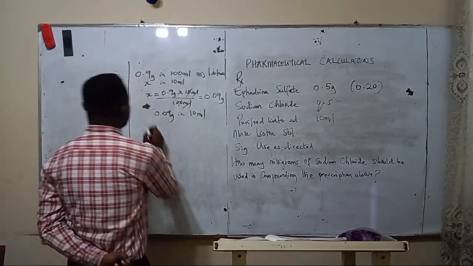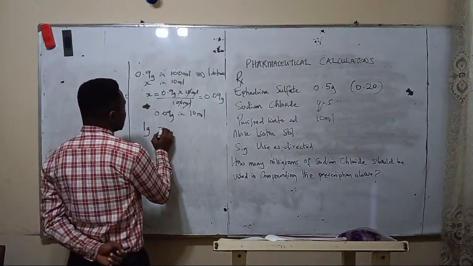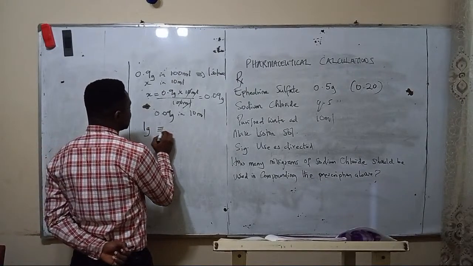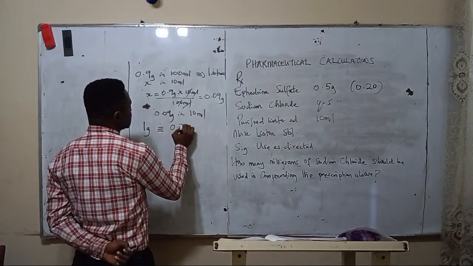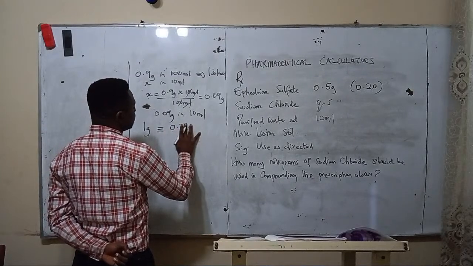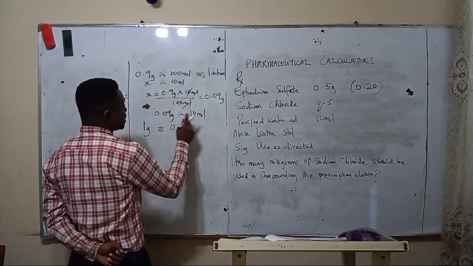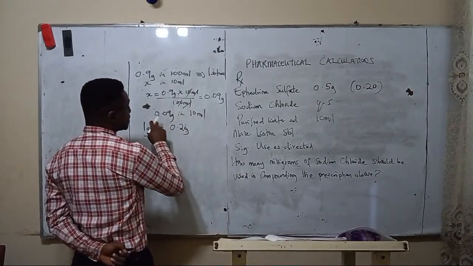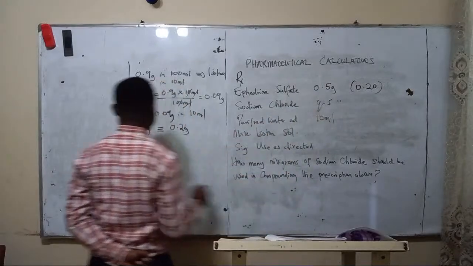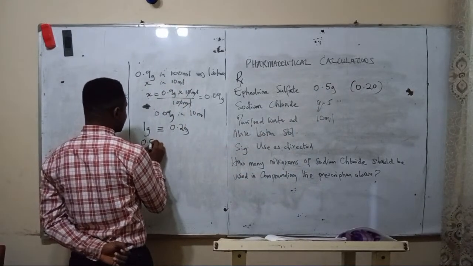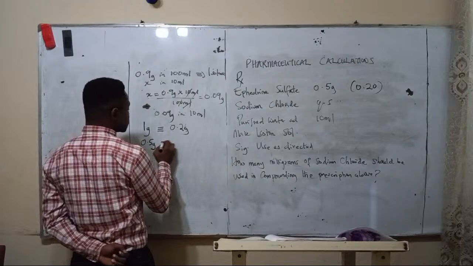So if 1 gram of ephedrine sulfate is equivalent to 0.2 gram of sodium chloride, and ephedrine here is 0.5 gram, how many grams of sodium chloride will that be equivalent to?